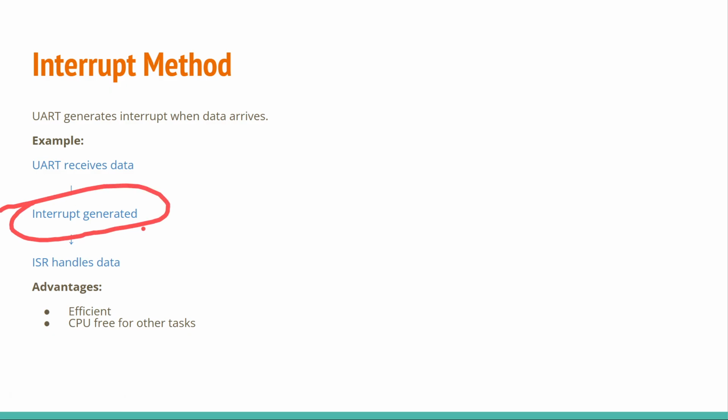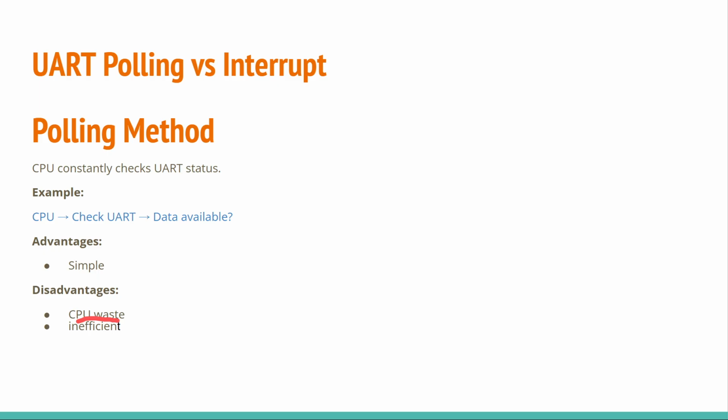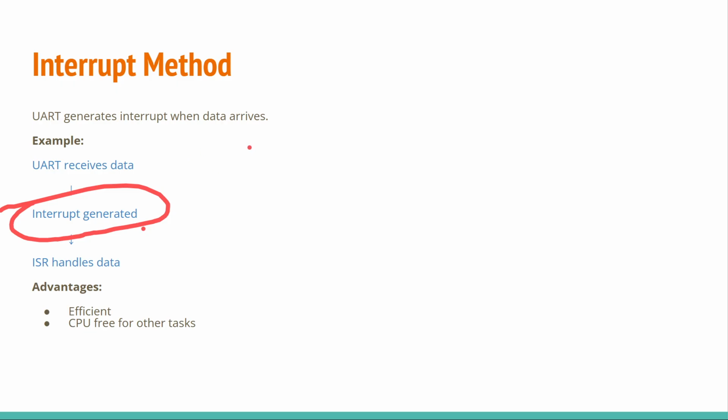Then only my CPU gives attention to the UART received data. Polling continuously checks the UART status instead of doing any other work. In the interrupt method, the CPU will do its own work, and whenever data is received, it will create an interrupt. At that time only the CPU will give attention to this UART data.